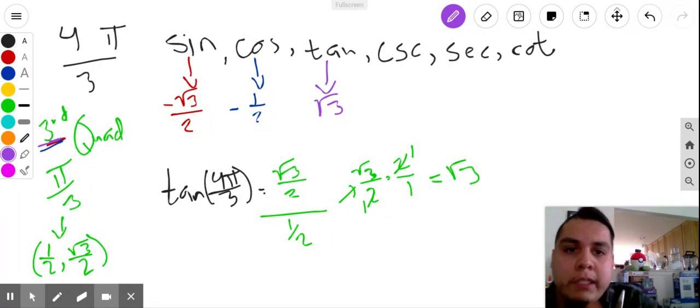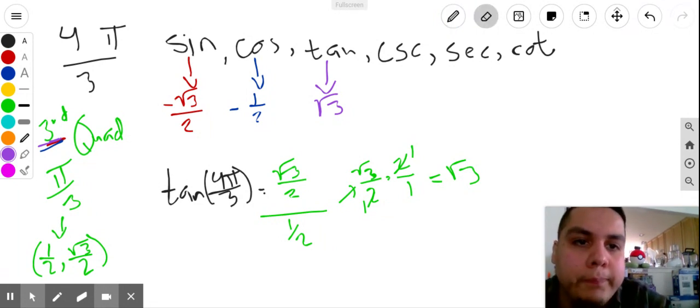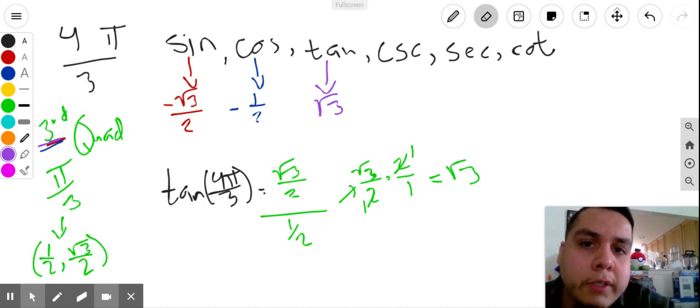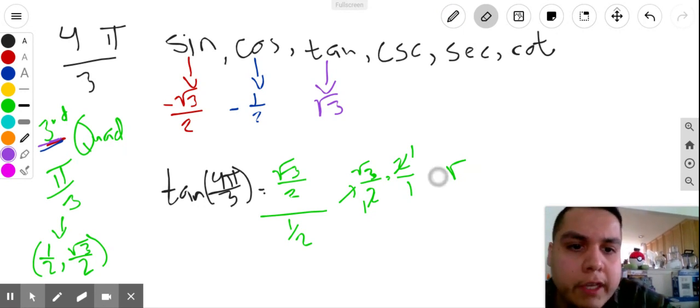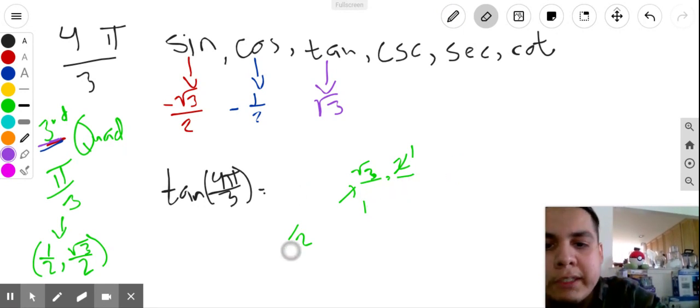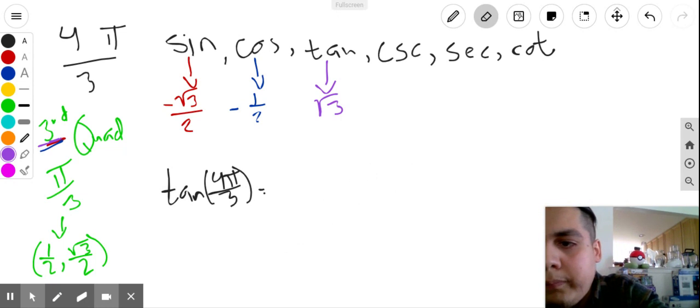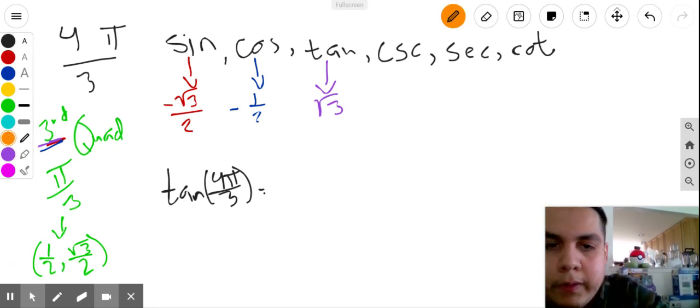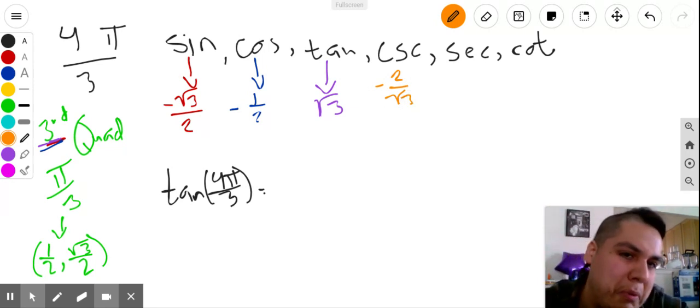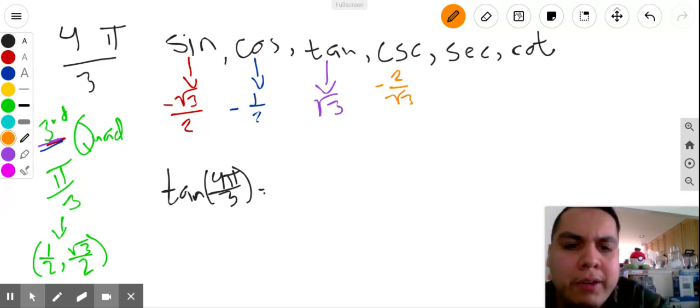Since I know that I'm dealing with cosecant now, cosecant is the reciprocal of sine, so I just take whatever I have for my sine value and flip it. So in this instance, my answer should be negative 2 divided by radical 3, but I would want you to rationalize the denominator.